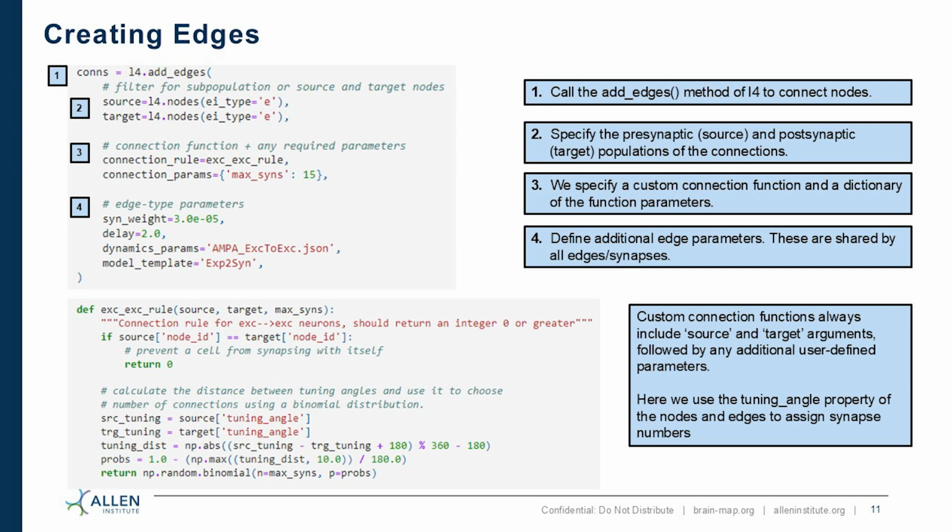We're also applying or defining a synaptic weight that's going to be shared by all of the edges in our network, and likewise for delay and the dynamics parameter and the model templates. So these are shared by all of the E-to-E connections that are being defined by this add edges call.